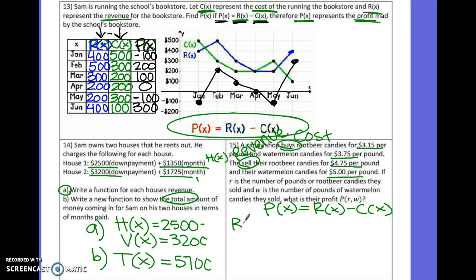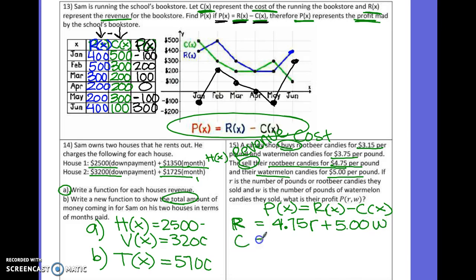So our revenue is equal to, we got $4.75 for every pound of root beer candies. So that would be R. And plus $5 for the watermelon, so I'm going to use W.